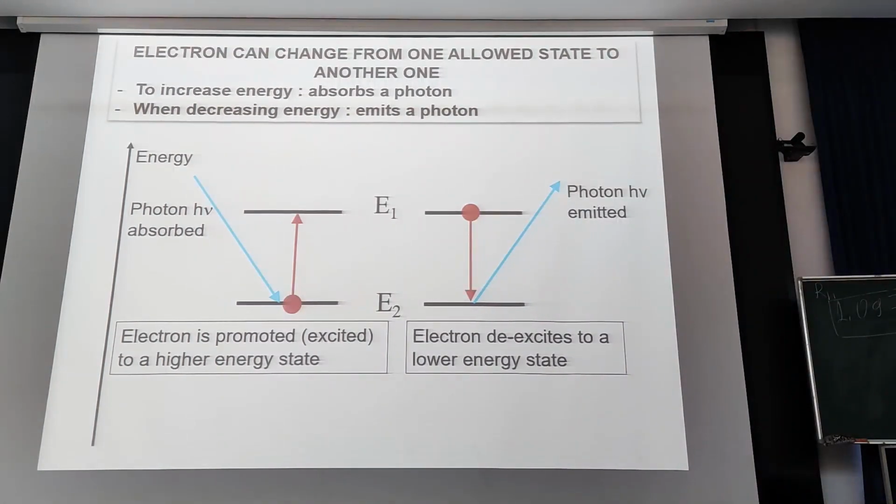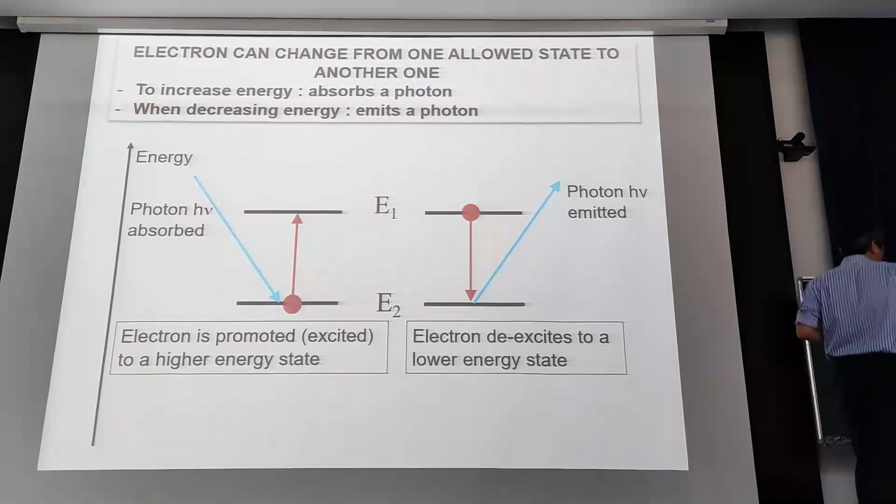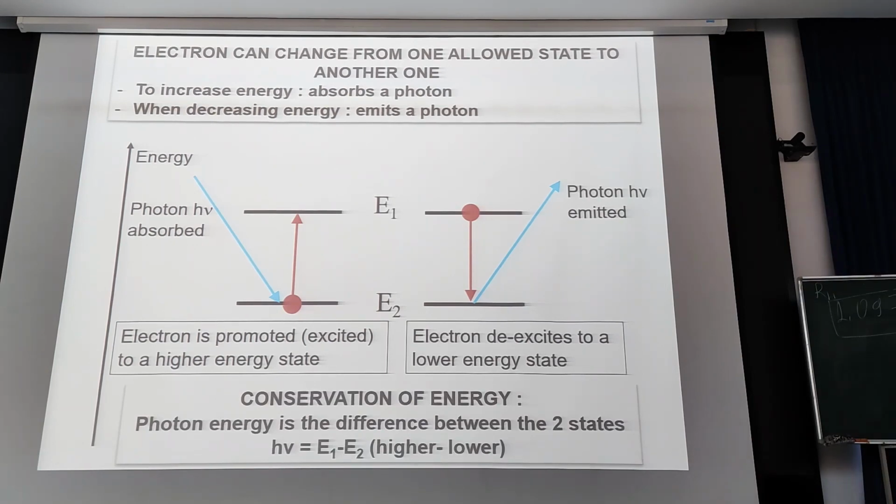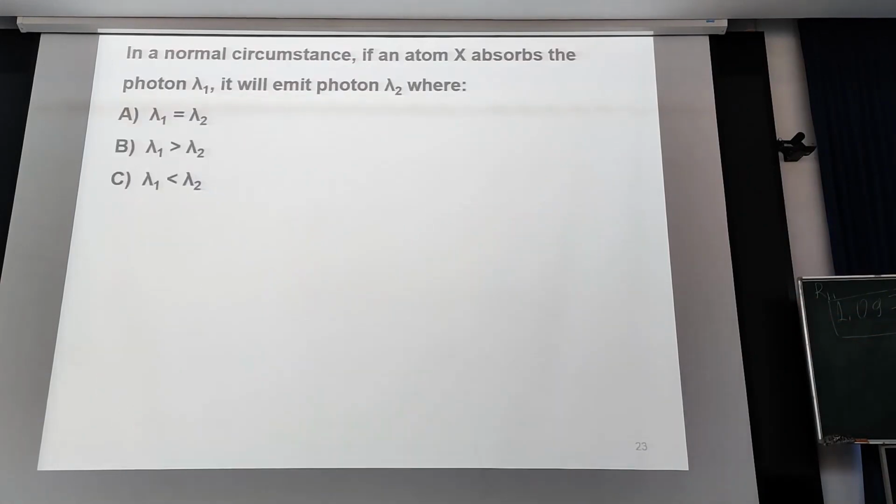And when you get the emission, you will emit energy. Just easy to understand. Okay? Now, just because of conservation of energy, the photon energy will equal E1 minus E2. It's quite easy to understand.